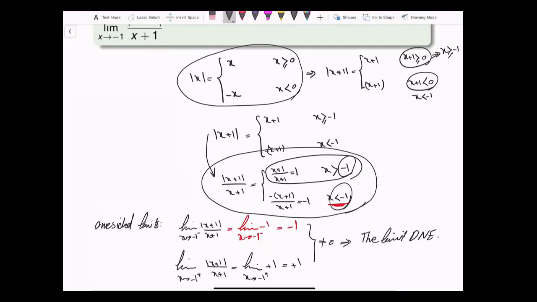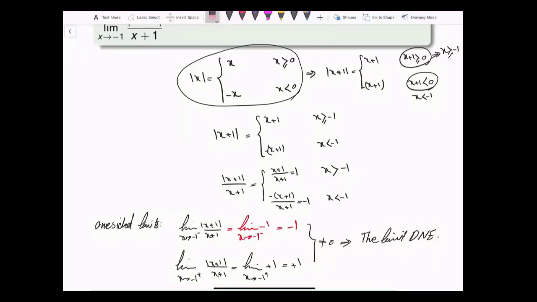I see. Okay, you see, this is the absolute value of x plus 1. The function I'm interested in, absolute value of x plus 1 over x plus 1, is obtained by dividing this by x plus 1. It means that all the pieces that define the function, you have to divide all of them by x plus 1.